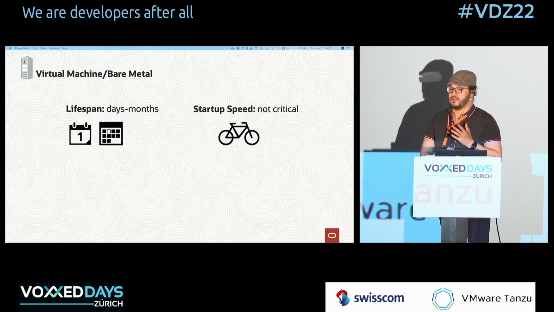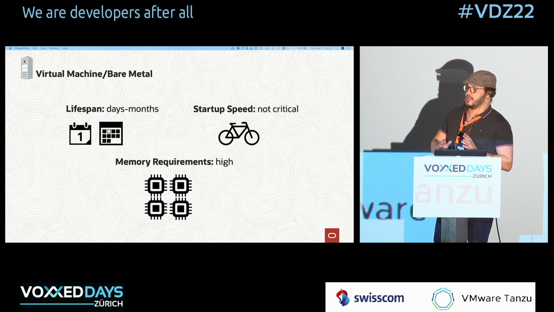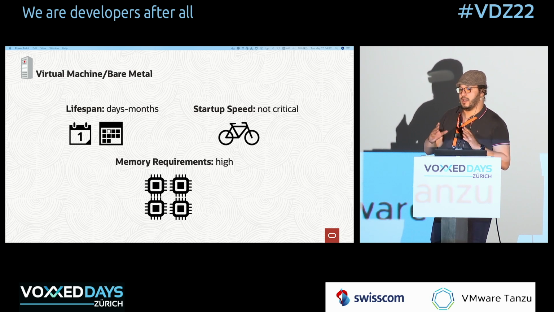So if you take 20 seconds to start up, that's irrelevant to the time that the machine needs to start up. And for memory requirement, this is basically set to allow the application to consume as much memory available in the VM or the bare metal machine as possible.